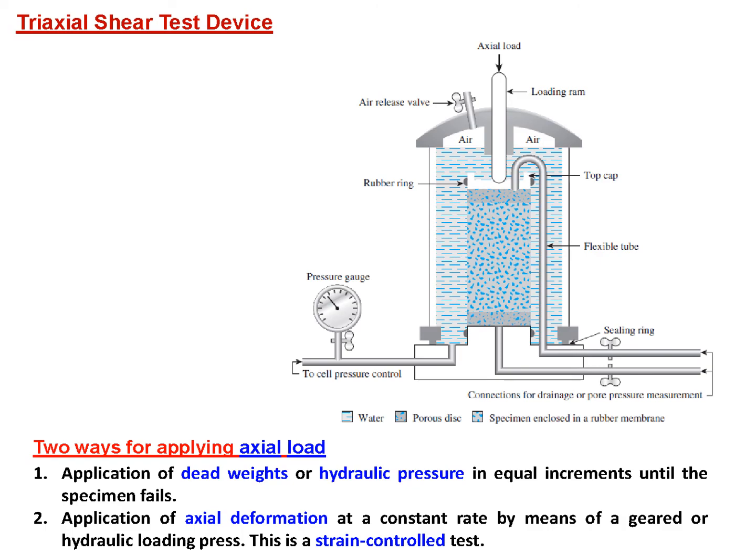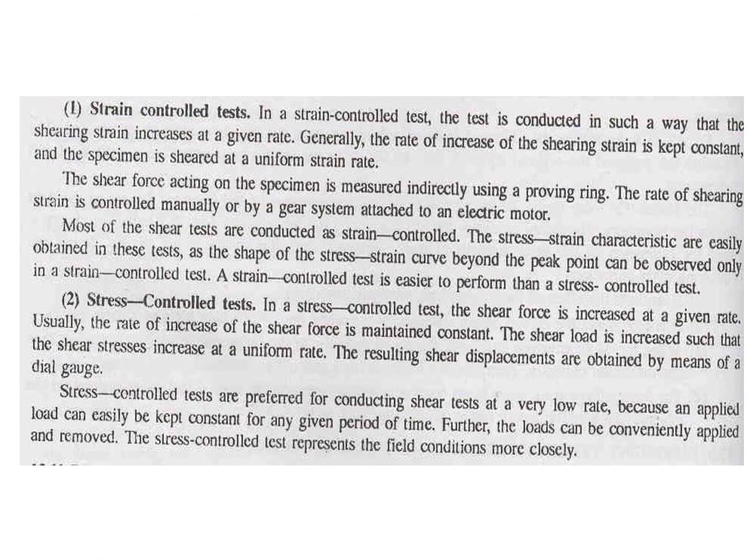In this way we can divide the triaxial test into two types. Number one, strain control test. Number two, stress control test. Looking first at the strain control test, the test is conducted in such a way that the shearing strain increases at a given rate.